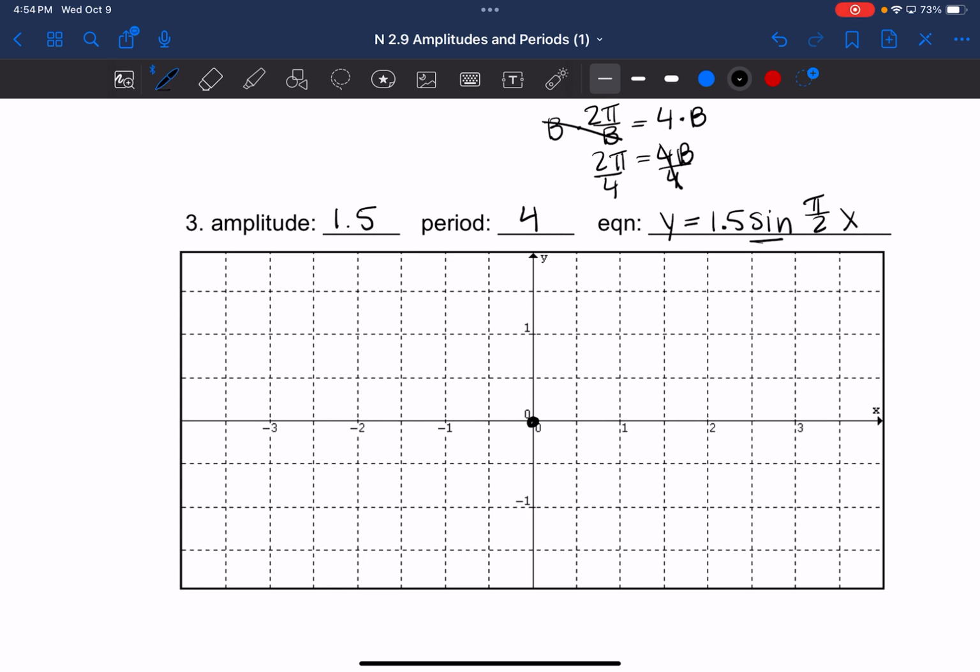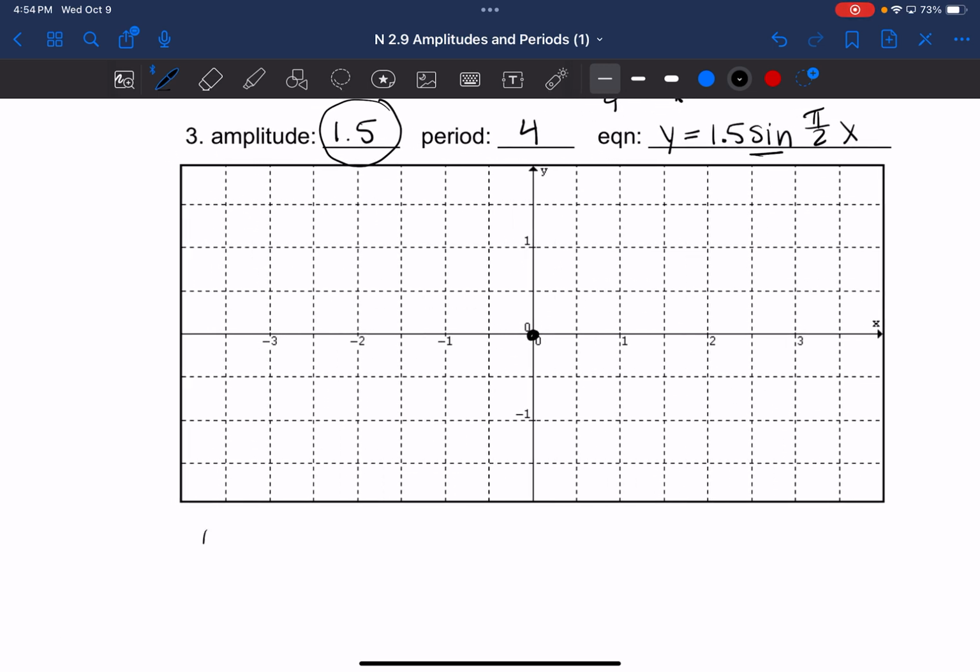And normally, I would go up to 1 for my next point, but I have been asked to multiply my y values by 1.5. So for all of my points that were originally 0, 0, pi halves 1, pi 0, 3 pi halves negative 1, and 2 pi 0, we need to make our adjustments.